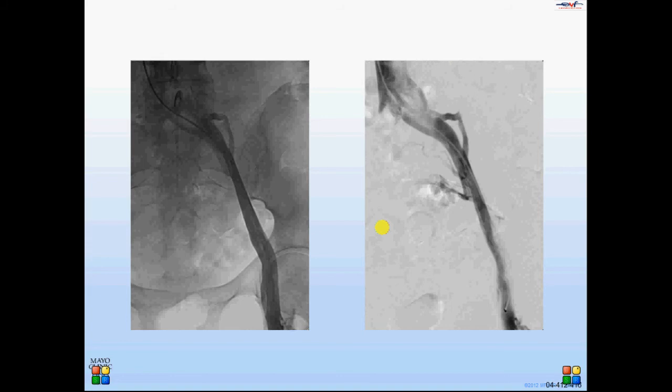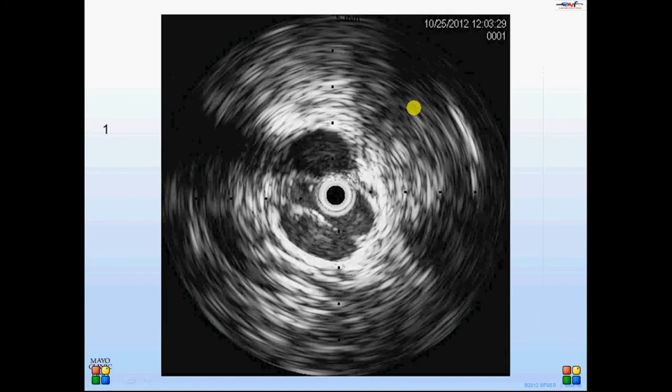This is the same study as I showed you before. You can note that there are filling defects here if you look closely, and this vein does not look healthy, and certainly not where the common iliac artery crosses it. Now this is the intravascular ultrasound.